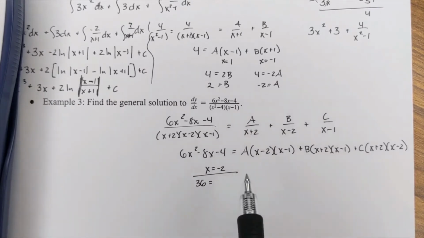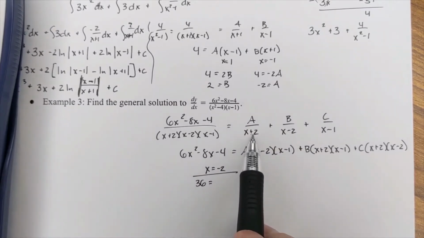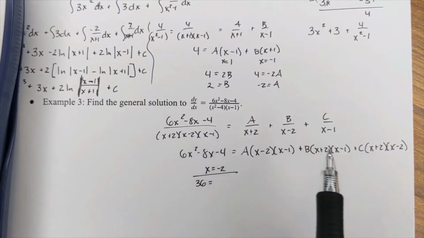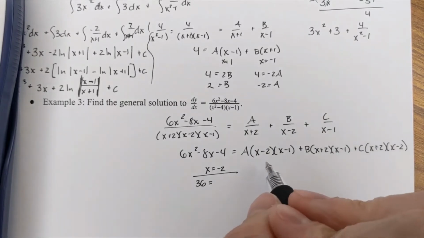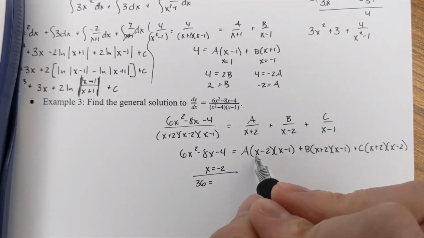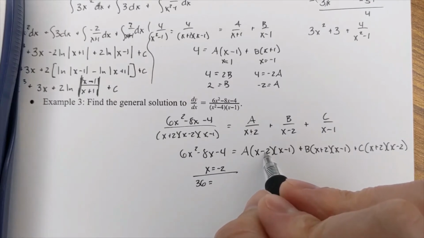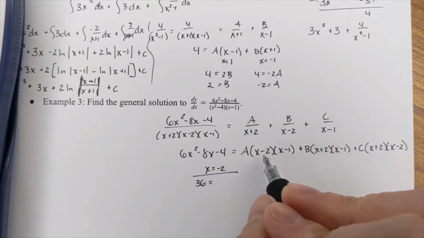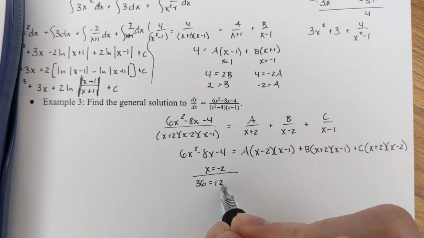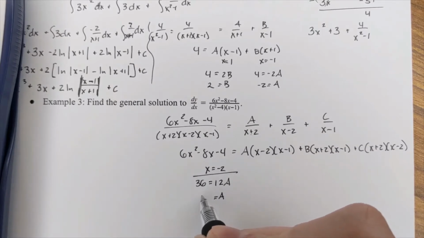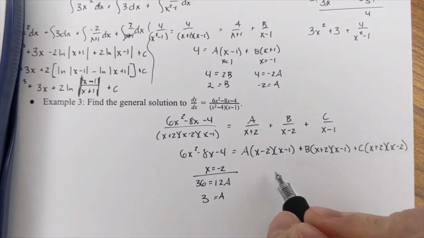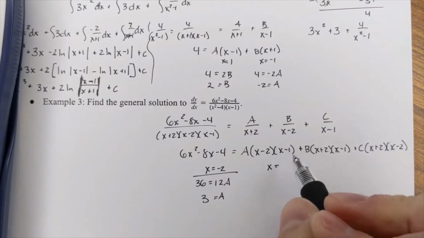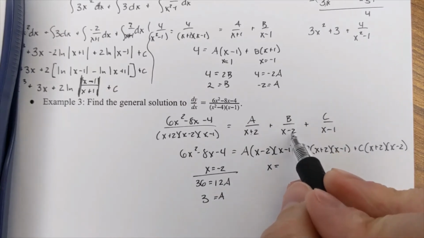When x is negative 2, everything except for the A term is going to go away. So negative 2 minus 2 is negative 4. This is negative 3. So negative 4 times negative 3 is 12. So A is 3. So essentially a shortcut to figure out what the numerator is, you use what makes the bottom 0.